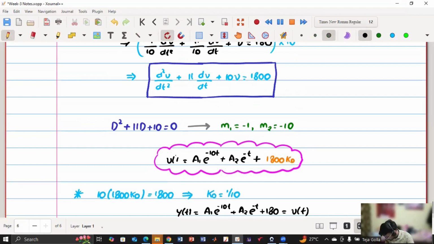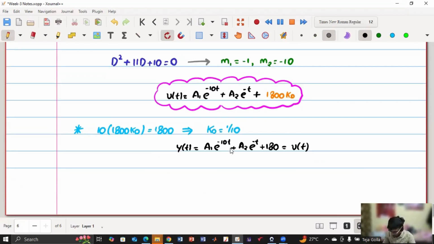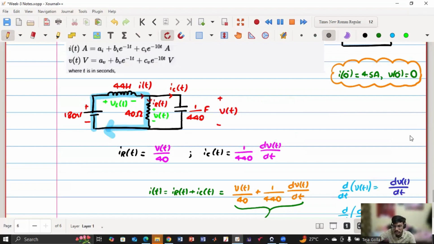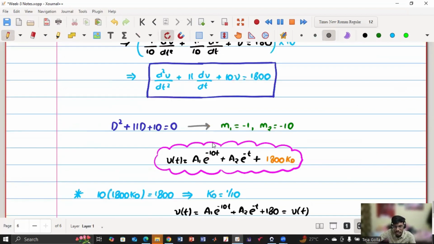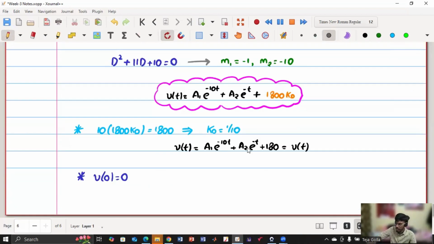So this is my v of t, this also is my v of t. Okay. So now we know that the initial condition of v of t is 0, right? v of 0 equals 0, right? Agree, everyone? v of 0 is 0. So now after substituting it, what is the expression that we are going to get?